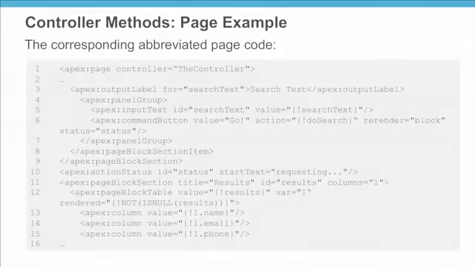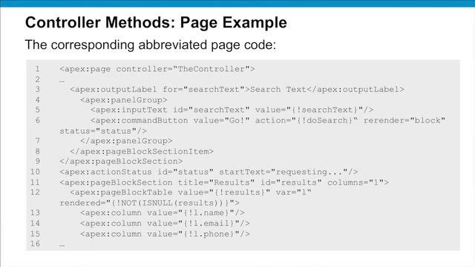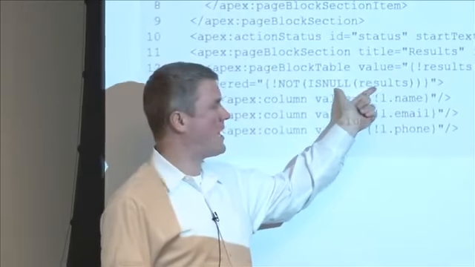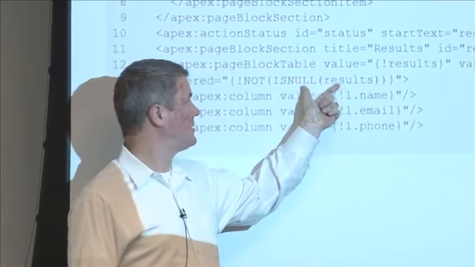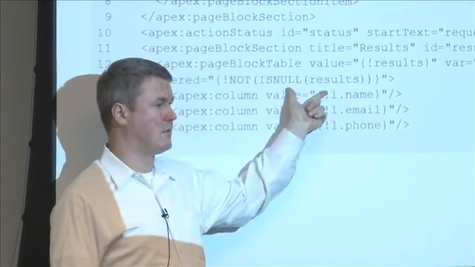All right? There's also another thing going on here. Why do we call the curly brace exclamation syntax expression syntax? Well, the reason is that we can execute expressions. You'll notice here that we have one of our formula functions, isNull. IsNull is checking to see: is results null?